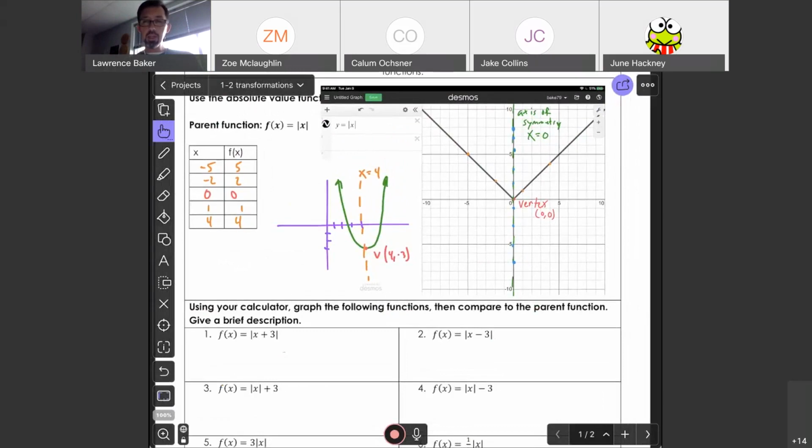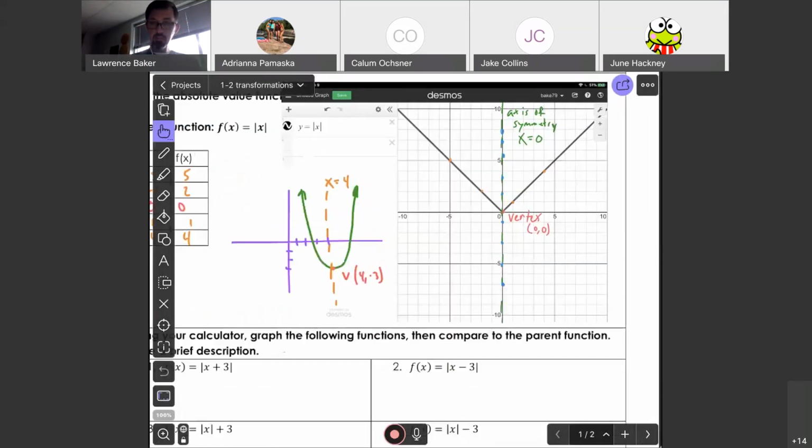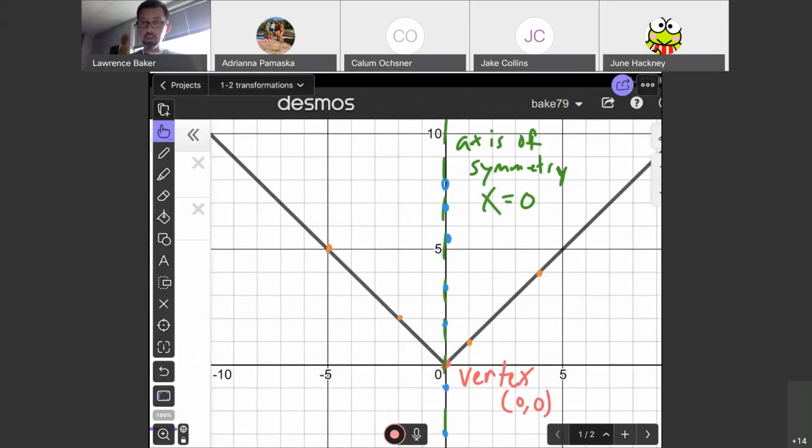All right, Kenzie, are you typing stuff on? Does that say axis of symmetry? No, it says axis. Kenzie, are you writing the notes down, did you print the papers out and you're writing it down, or are you trying to type it with DocHub?